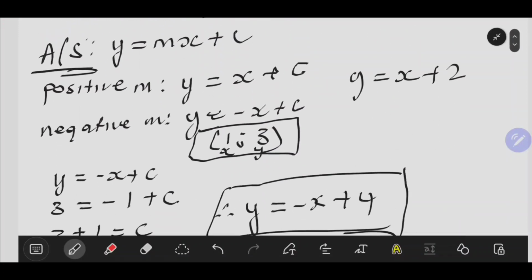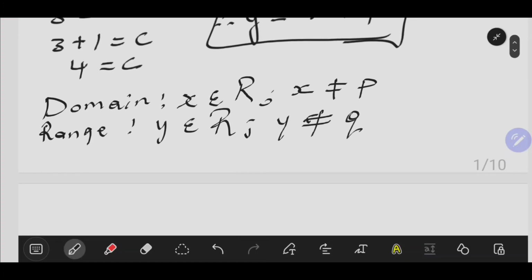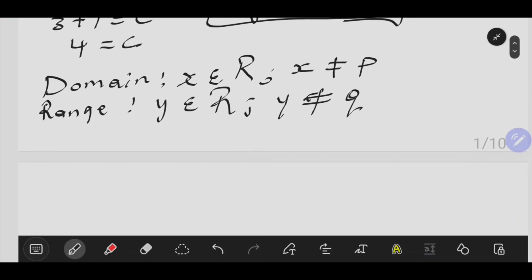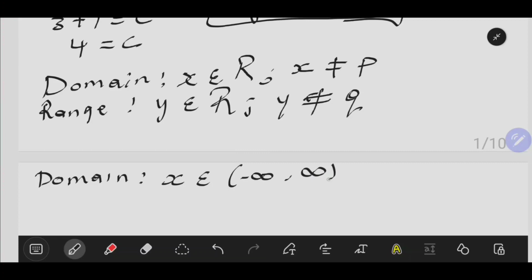Or someone can choose to say, for the domain, that x is an element of from negative infinity to infinity, but our x must never be equal to our x asymptote, which is the value of p.